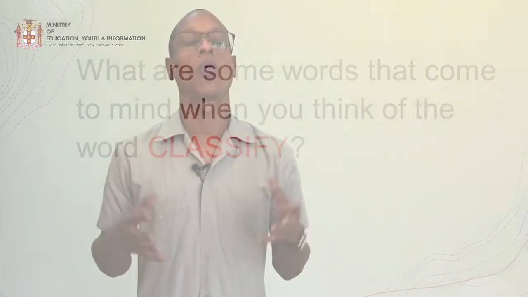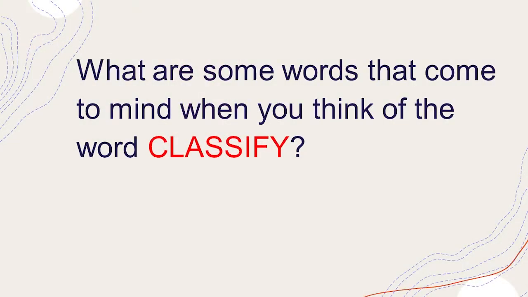So, I need your help to define the word classification. What is the root word of classification? If you said classify, then you are correct. Now, what are some words that come to mind when you think about the word classify? Take a minute to write them down.